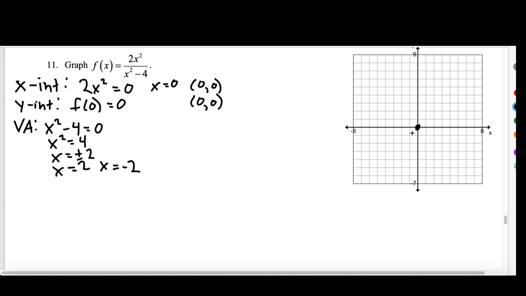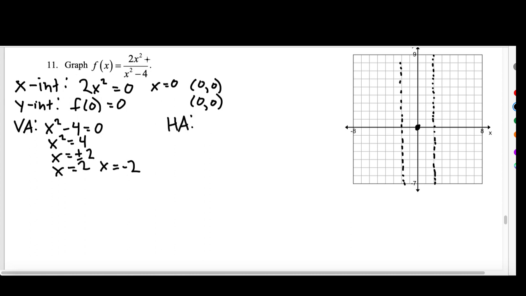Those will be right here, so negative 2 right here, and positive 2 right here. Okay. And horizontal asymptotes.